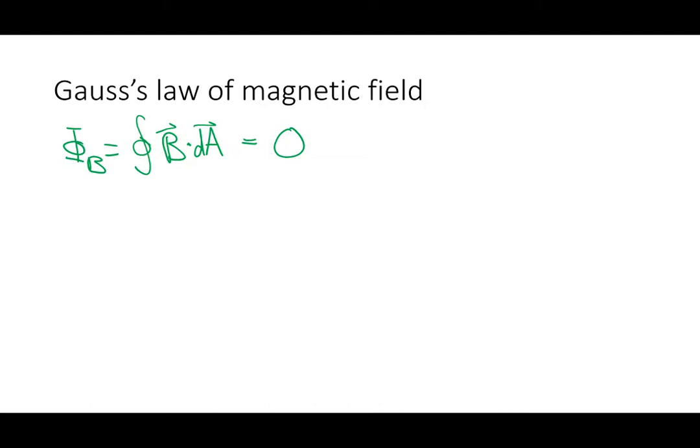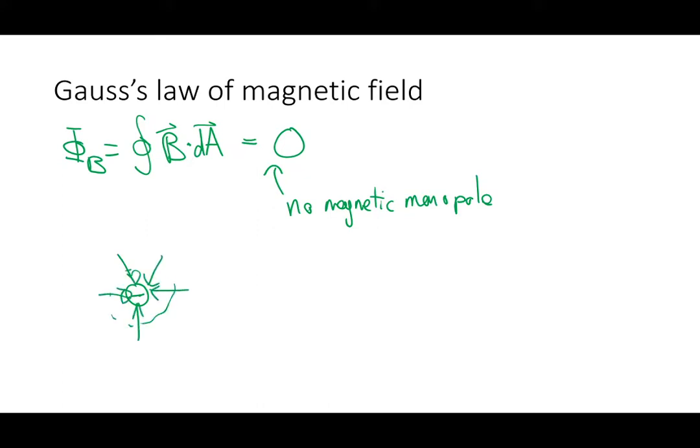This is basically a statement of the fact that we never find just a single north pole sitting around somewhere. North and south poles always come in pairs. So we don't have the situation, as with the electric field, where we can have a point where all the field lines terminate, and then drawing the Gaussian surface gives a net flux. That never happens for magnetic field.